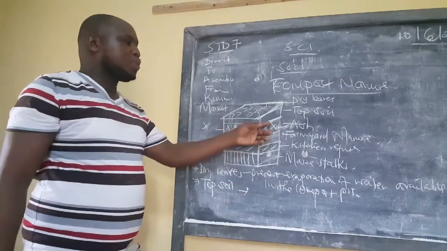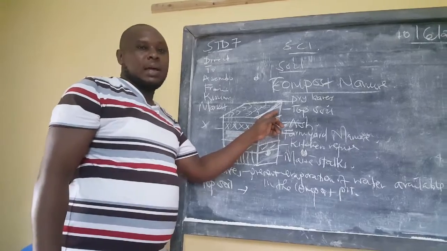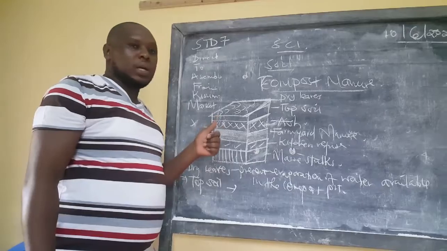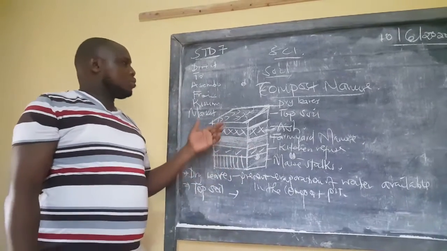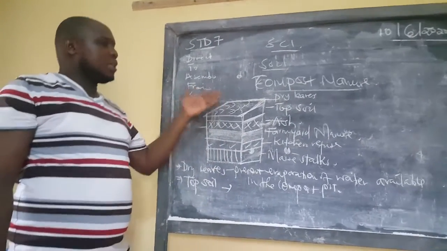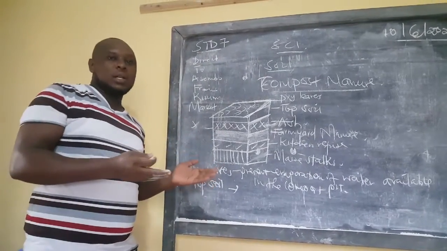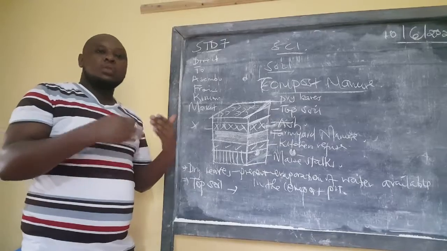Why are we introducing topsoil, which is the second layer here? Lana, I want to give you a reason. Remember what we talked about when we started this lesson, that soil erosion carries the top fertile soil. Why are we saying it's so fertile?